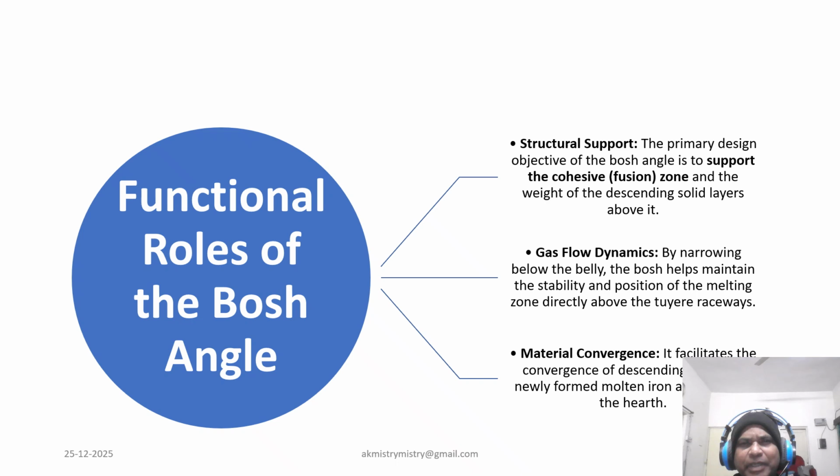Finally, Bethlehem Steel and European operators utilize the 21.5-degree rule, measuring from the vertical, which resulted in a 68.5-degree angle. This historical benchmark paved the way for the steeper design we see today.